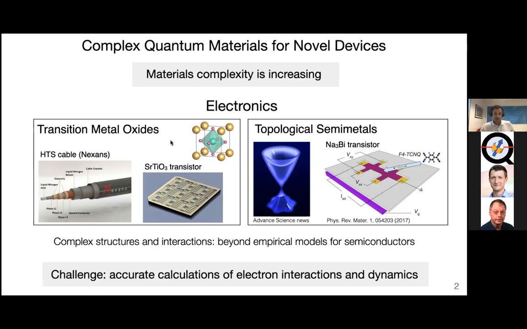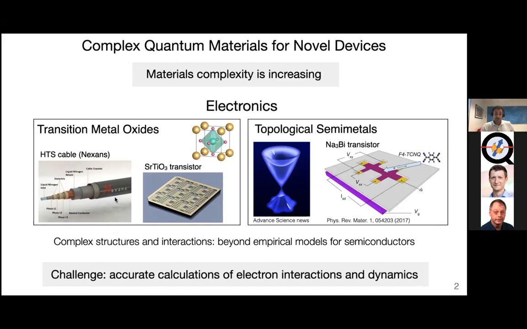Now, these two classes of materials, complex transition metal oxides and topological semimetals, are two examples of complex quantum materials that are envisioned for the next generation of electronic devices. Now, it's clear that these materials have structures and interactions that are far more complex than the simple semiconductors and metals like silicon and copper currently used for these technologies.